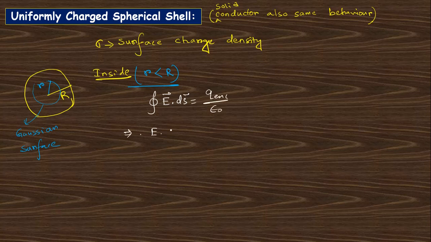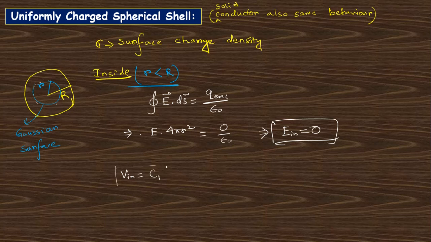So this is E into 4 pi r square, the surface area of this sphere, and the charge enclosed within this surface is 0, because the charge is on the surface of radius capital R. So finally you get E in equals 0. Since E in equals 0, V in equals a constant.